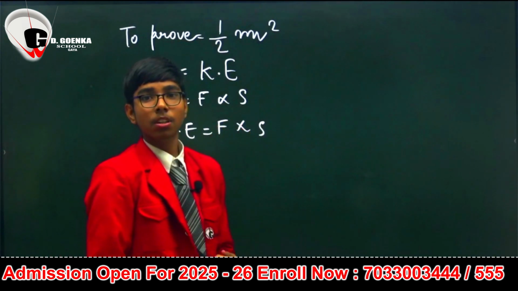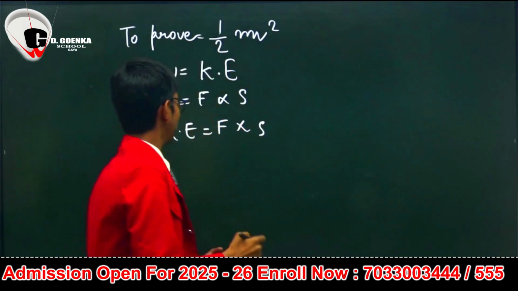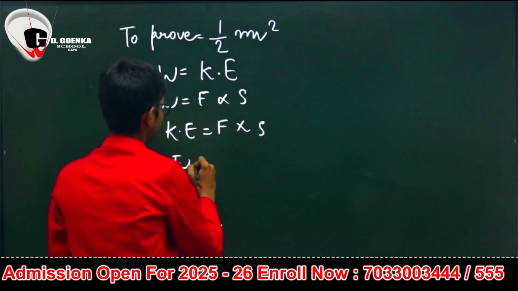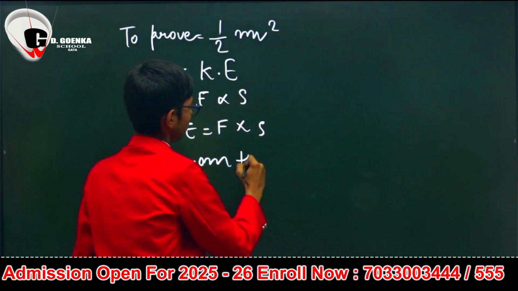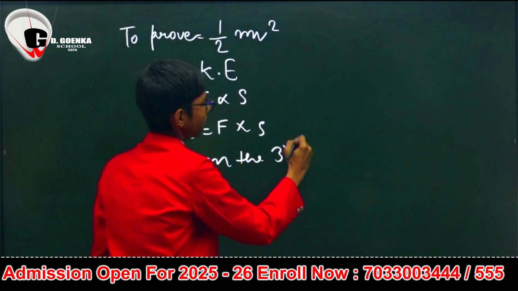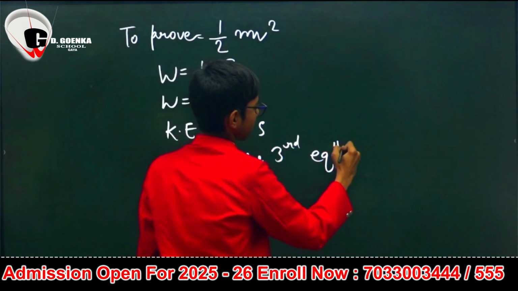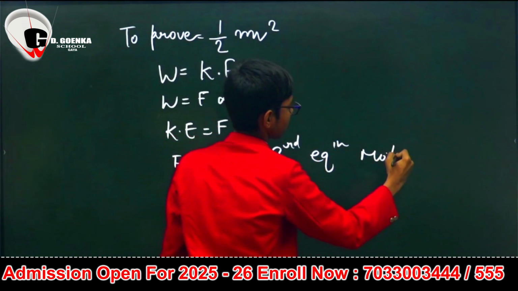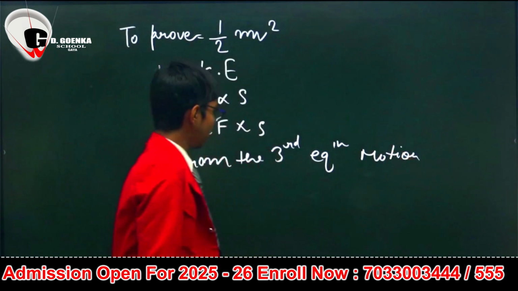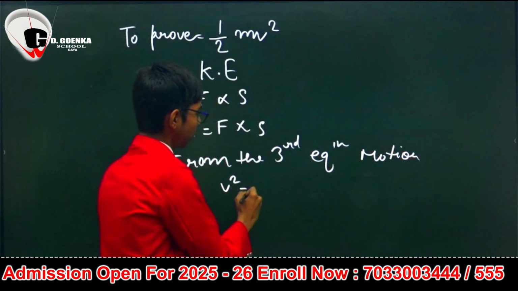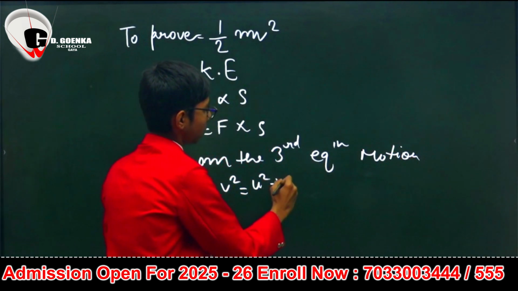Now, from the third equation of motion, we know that v square is equal to u square plus 2as.